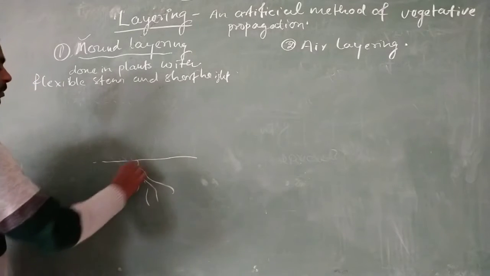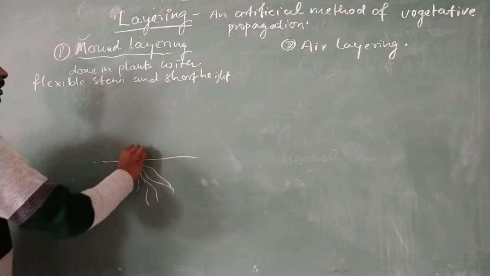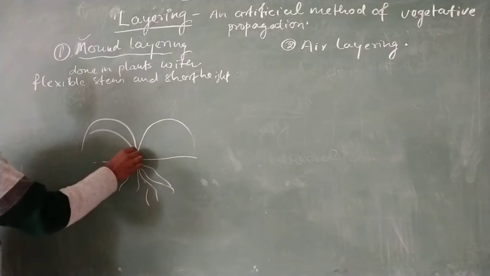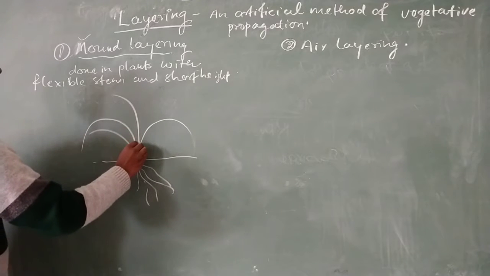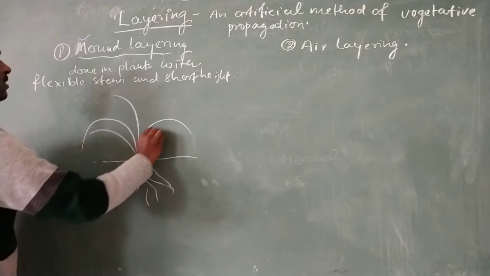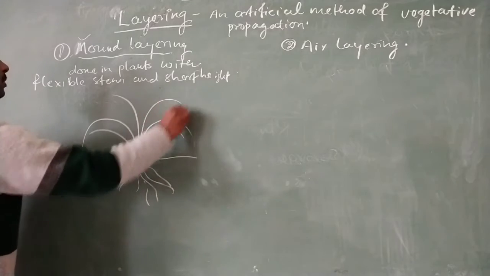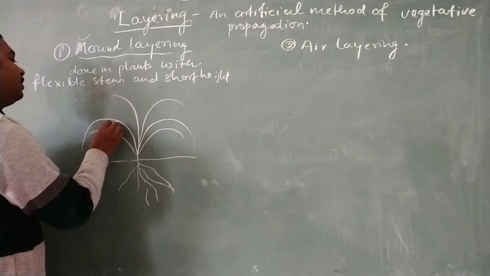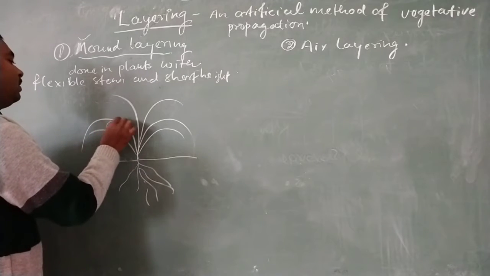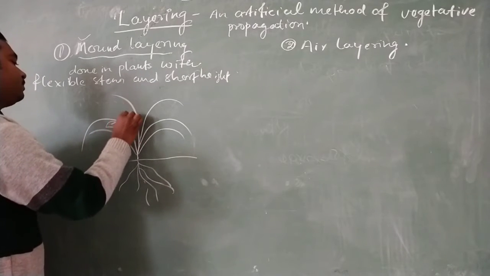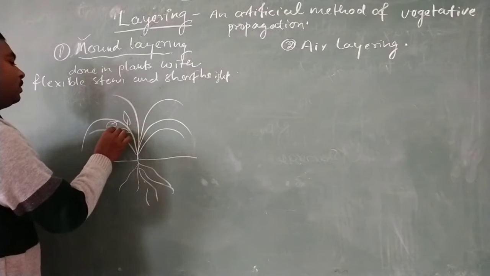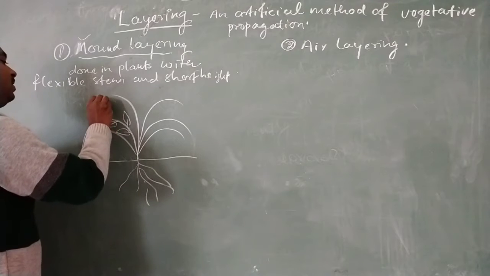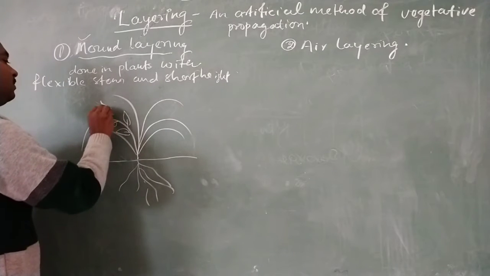In the case of jasmine plant, we can see a number of branches, number of stems grow from the base of the plant. From the base of the plant, there are numerous branches grow along with the leaves. So we can see jasmine plant just like this.